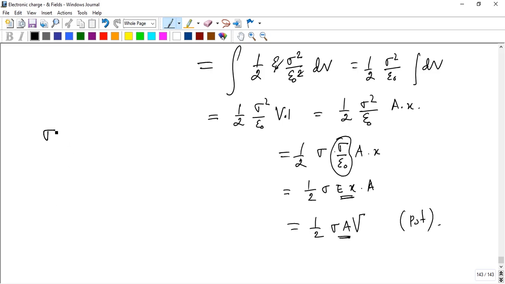Sigma, the surface charge density, is equal to Q over area. So sigma times A is equal to Q. So half of QV, that's the energy stored in the capacitor.